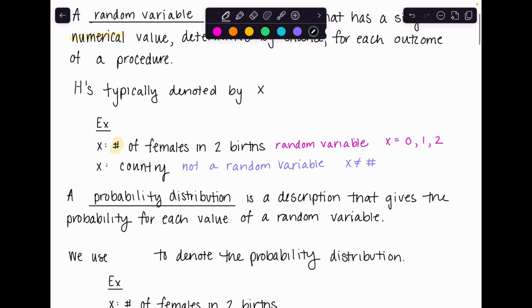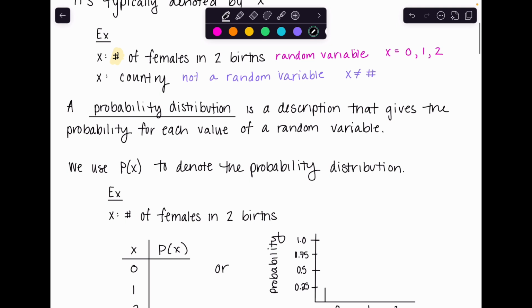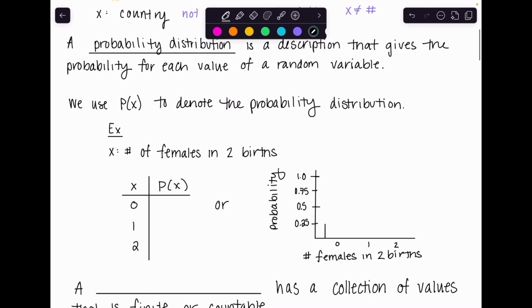And the way we're going to denote that distribution is by using P of X, okay? So we're going to work with the same example, the number of females in 2 births, and we're going to do it in 2 different ways. We're going to do it using a table, and then we're also going to display it in a graph, which is really going to take on the shape of a histogram. So we call those graphs the probability histograms.